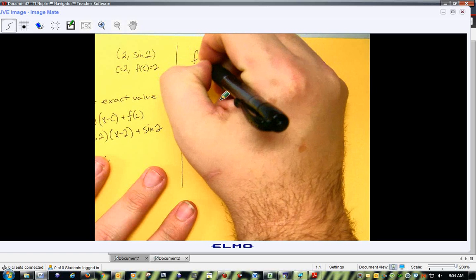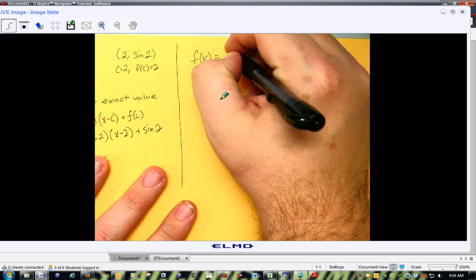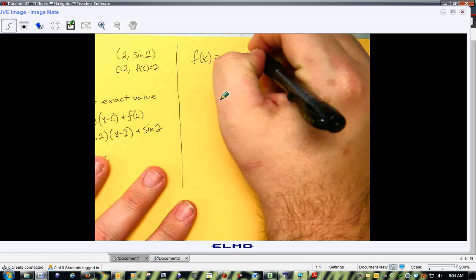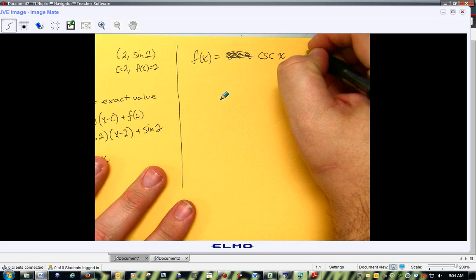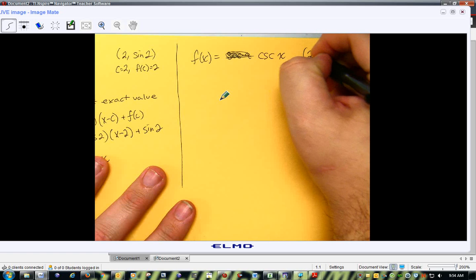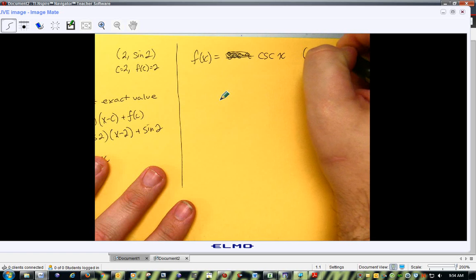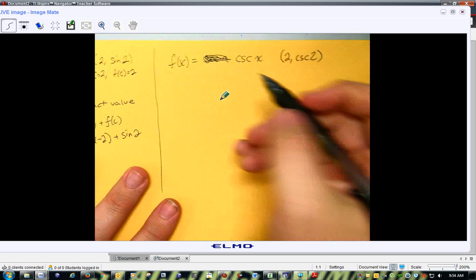Alright, f of x is equal to cosecant x, and we get 2 cosecant 2. Alright, so what's f prime?